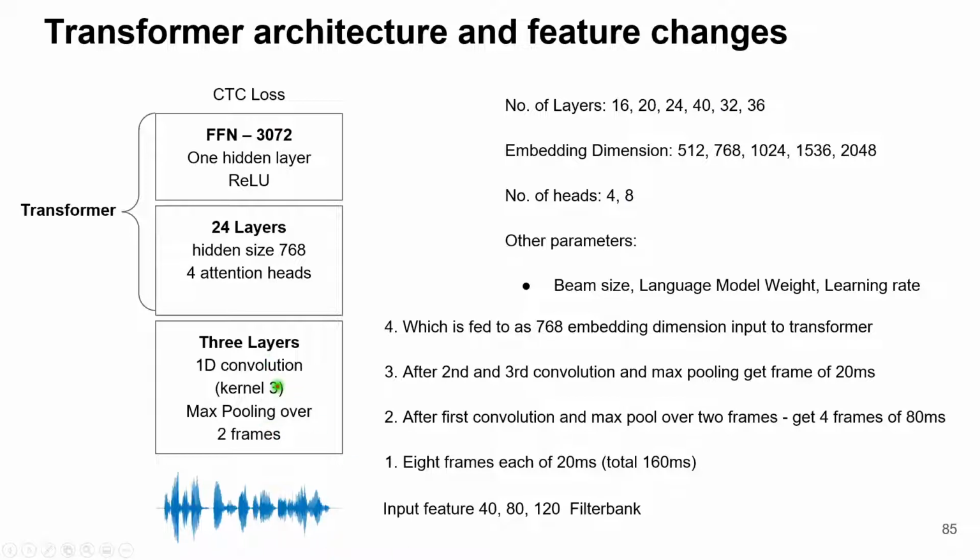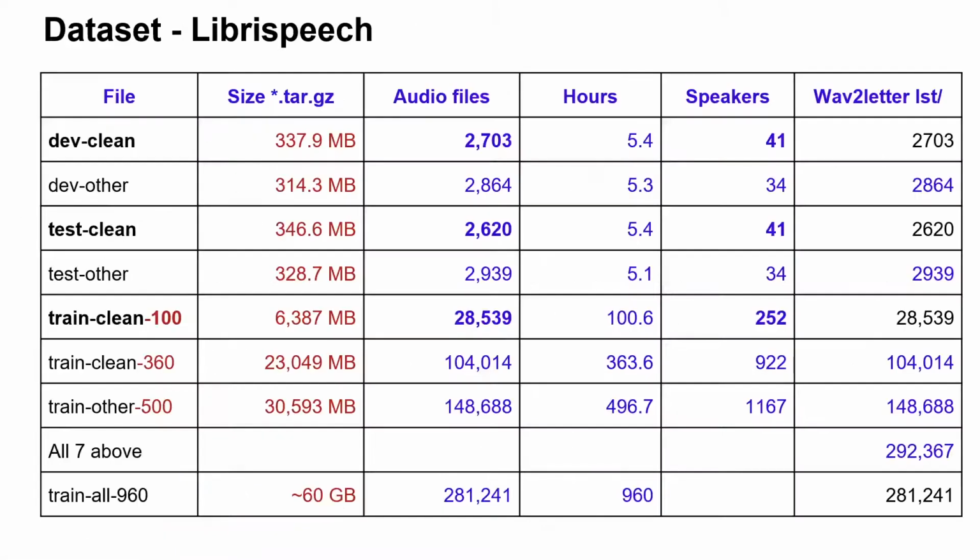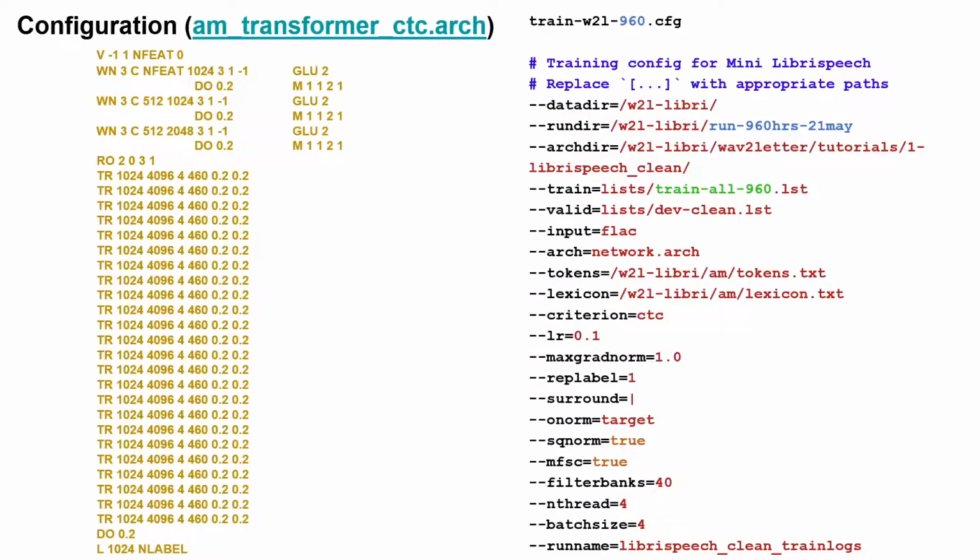This is how you provide the configuration in the configuration file for the convolution, and then the number of layers you have, you add that many rows, and then you have the feed-forward network, provide that configuration, and then you see the final number of labels you want to have at the end of it.